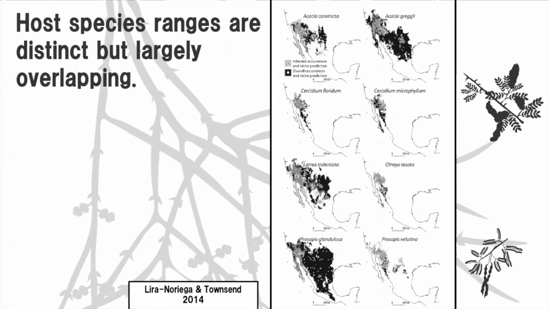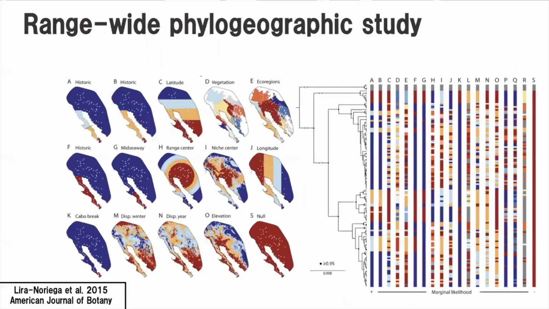So there is correlation just with geographic location and host species identities, but they're also largely overlapping. So this means that it could potentially be difficult to disentangle the effects of different host species and of geography.